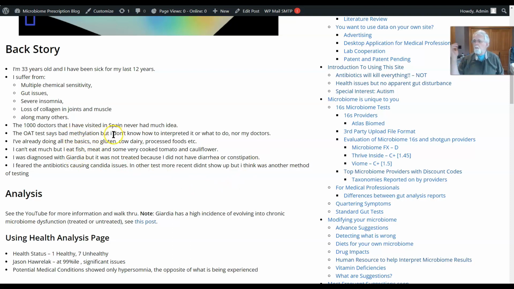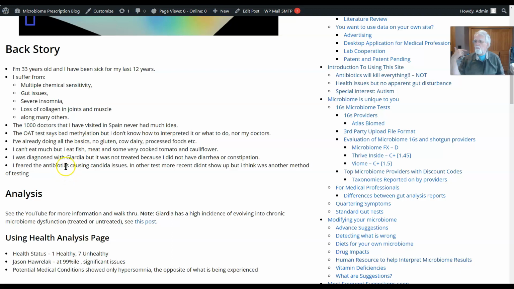He cites bad methylation, and usually methylation is a separate issue because that's generally DNA based, and I will add a footnote to the post dealing with methylation issues, just giving some readings for the person. Again, my focus is microbiome, and with data and data science, it is not dealing with a person's general medical conditions.